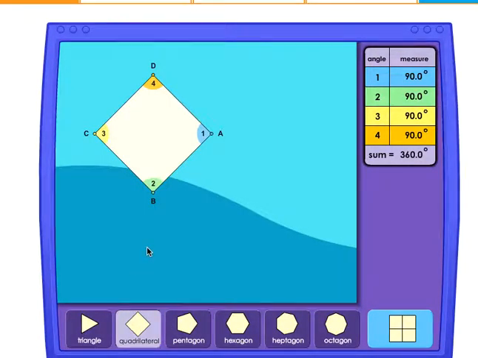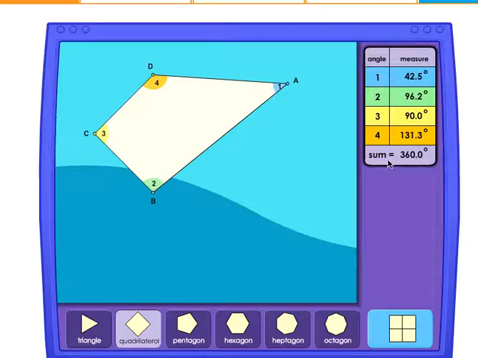So here we have a regular quadrilateral, meaning that all four sides and all four angles are of the same measurement, and the sum of interior angles adds up to 360 degrees. Again, we can change this regular polygon by dragging and moving one vertex to any place. Again, the sum of interior angles is staying the same, being 360 degrees.